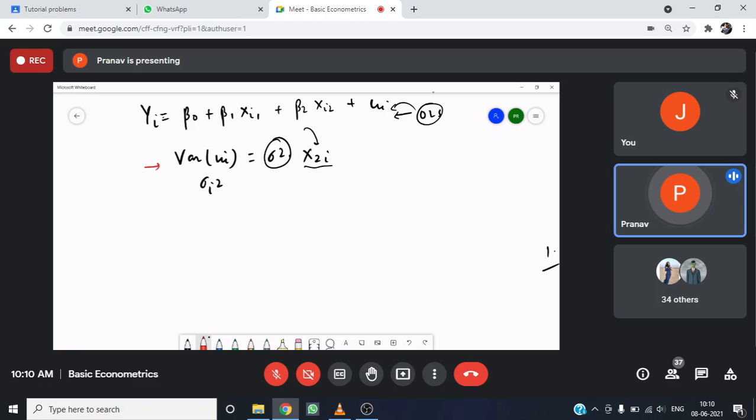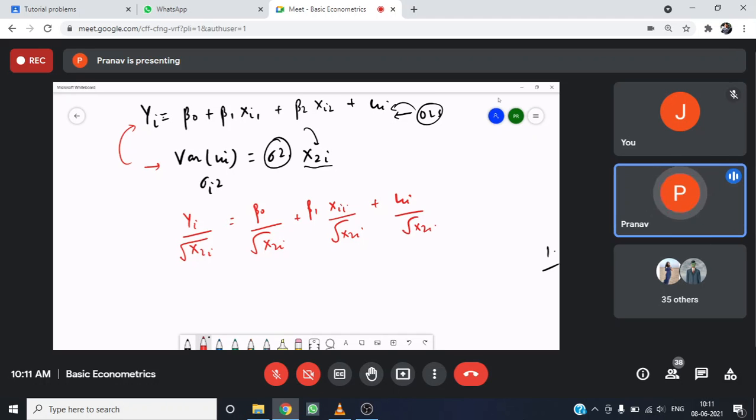So we divide the entire original OLS by the square root of this x2i. You'll see the reason why we divide by the square root. So what you write here is yi upon x2i is equal to beta naught upon x2i plus beta 1 plus ui upon x2i. And then we simply run the OLS.